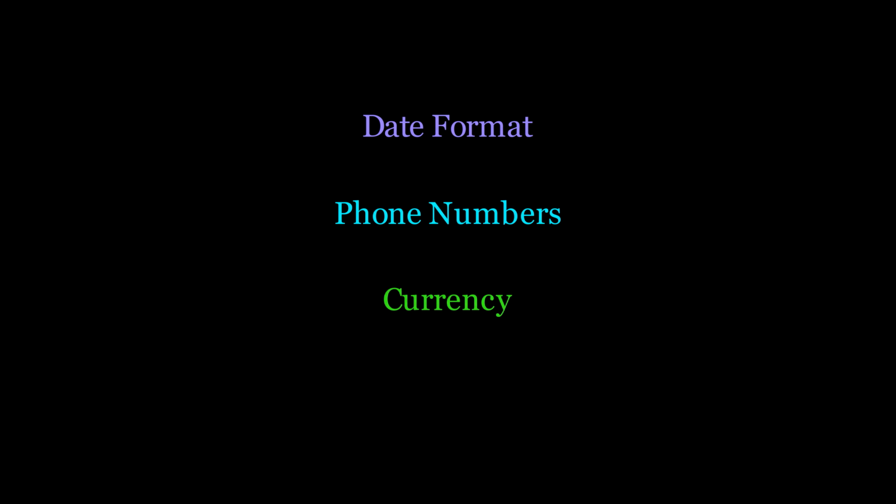This creates unnecessary noise and prevents the model from seeing the true pattern. Similarly, we often find inconsistencies in date formats, phone numbers, and currency. For instance, January 1st versus 0101 can confuse a system. To eliminate this noise, we follow specific formatting steps.